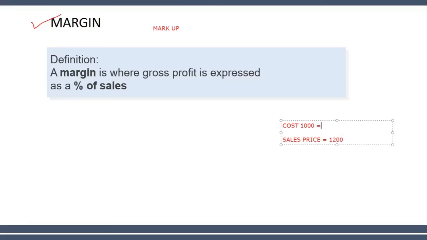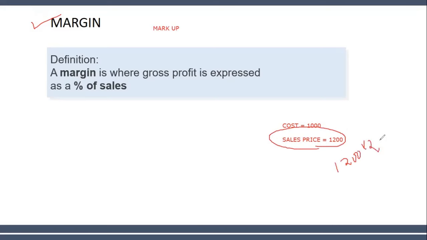If I say 20% markup, it means 20% taken on the cost price. Markup means a percentage on the cost price. Margin means a percentage calculated on the sales price. If I say 20% margin, it means 1,200 multiplied by 20%.